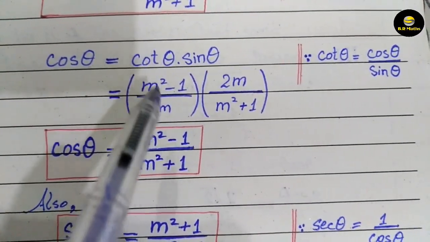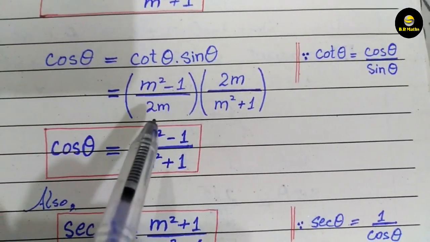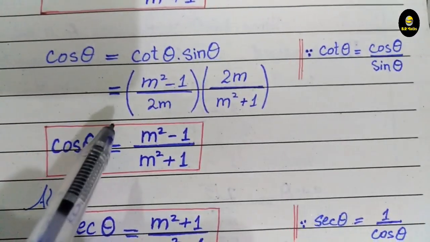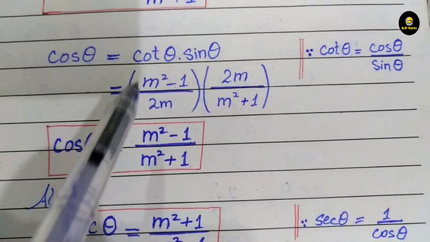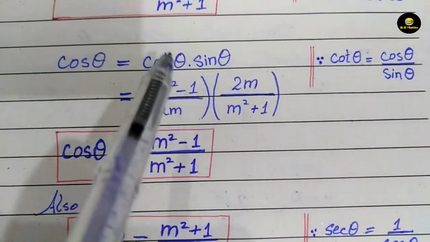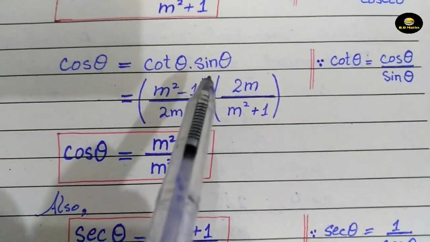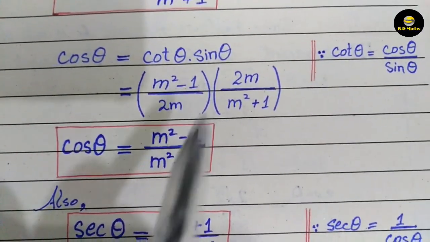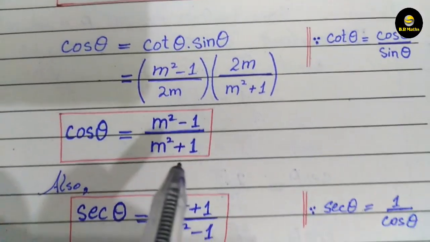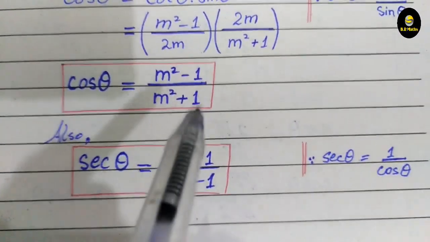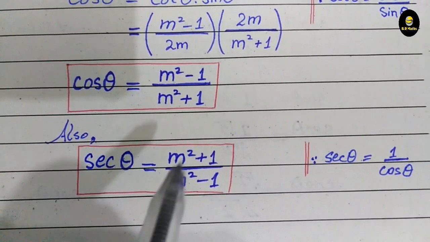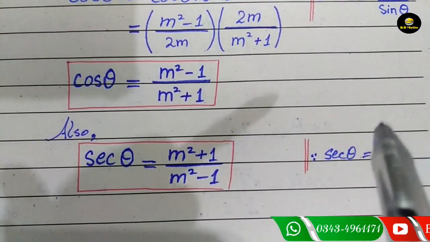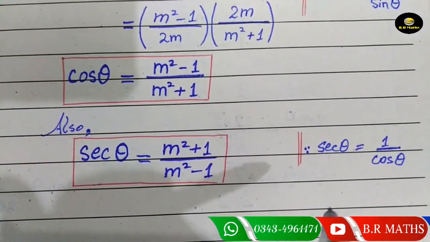Put the values: cot theta m square minus 1 over 2m and sin theta 2m over m square plus 1. 2m cancels with each other and the value of cos theta is equal to m square minus 1 divided by m square plus 1. Okay? Cos theta is equal to this. So secant is the reciprocal. So secant theta is equal to m square plus 1 divided by m square minus 1. Secant is a reciprocal, it means 1 over cos.